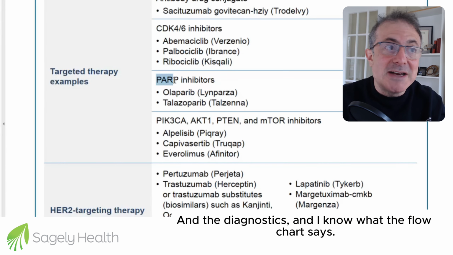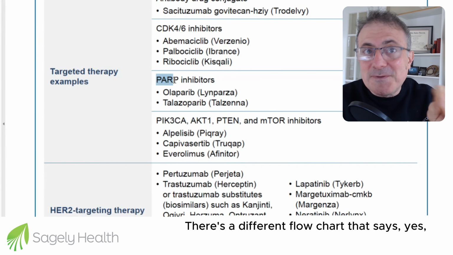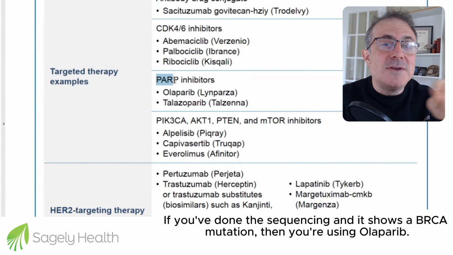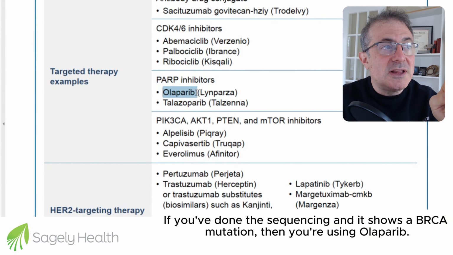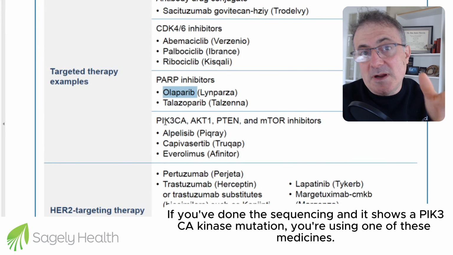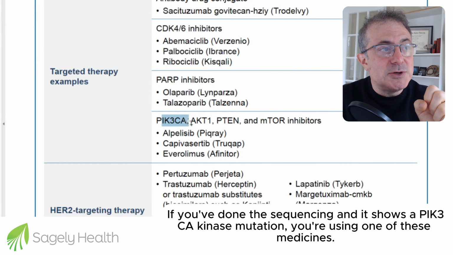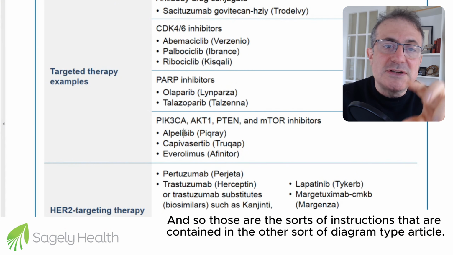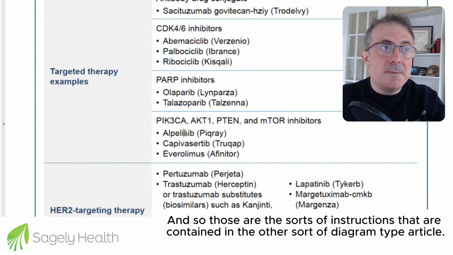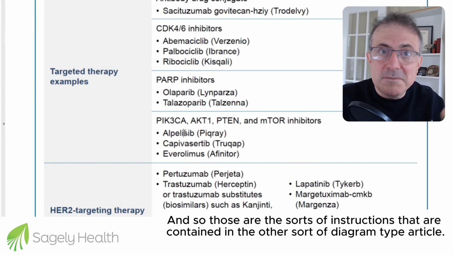And the diagnostics. And I know what the flow chart says. There's a different flow chart that says, yes, if you've done the sequencing and it shows a BRCA mutation, then you're using olaparib. If you've done the sequencing and it shows a PI3 kinase mutation, you're using one of these medicines. Those are the sorts of instructions that are contained in the other diagram type article.